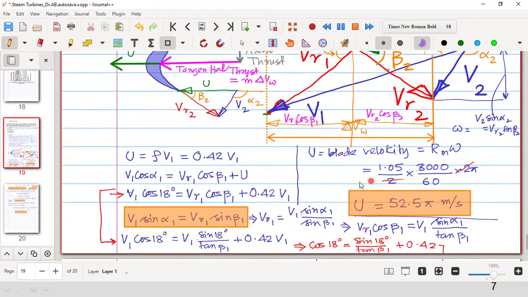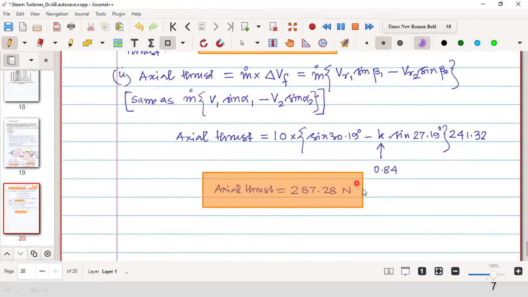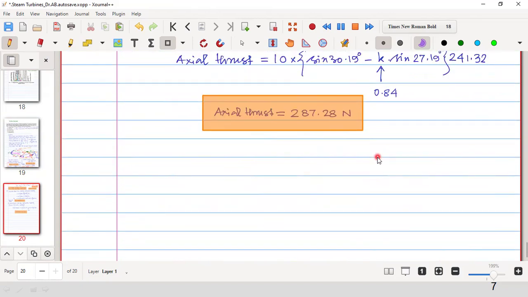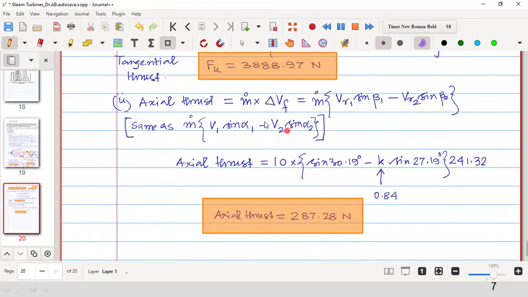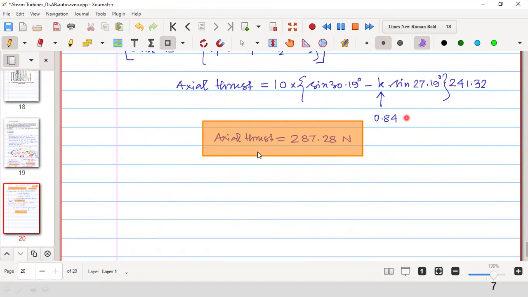V2 sin alpha 2, from what you wrote as equal to, you can calculate alpha from there. Yes, you are right. From that relation also you can calculate: V2 sin alpha 2 is equal to V2 sin beta 2.